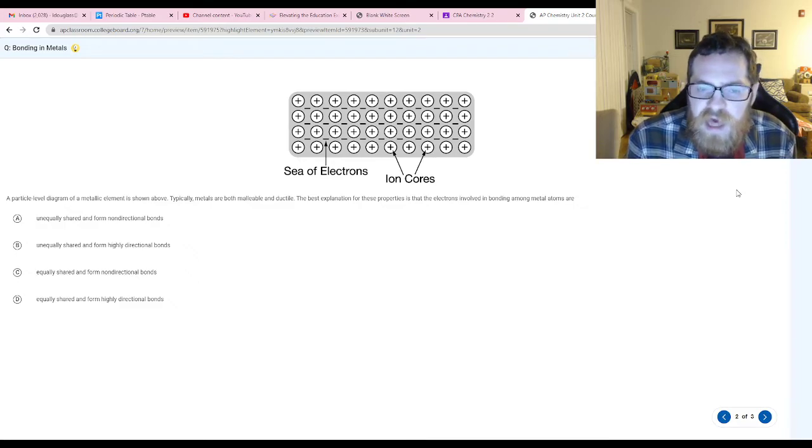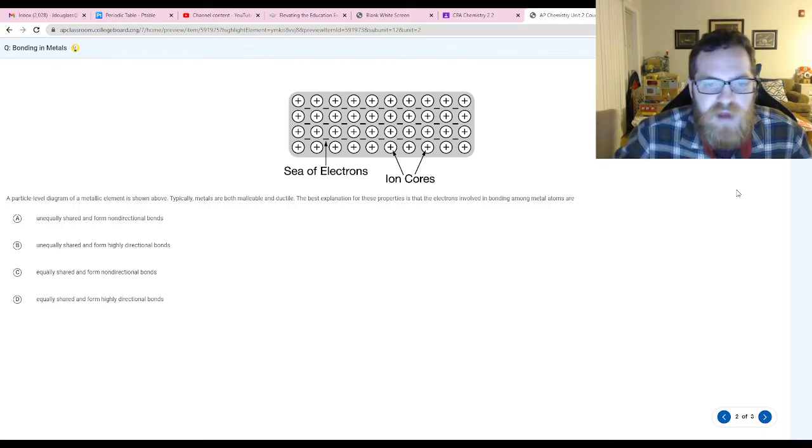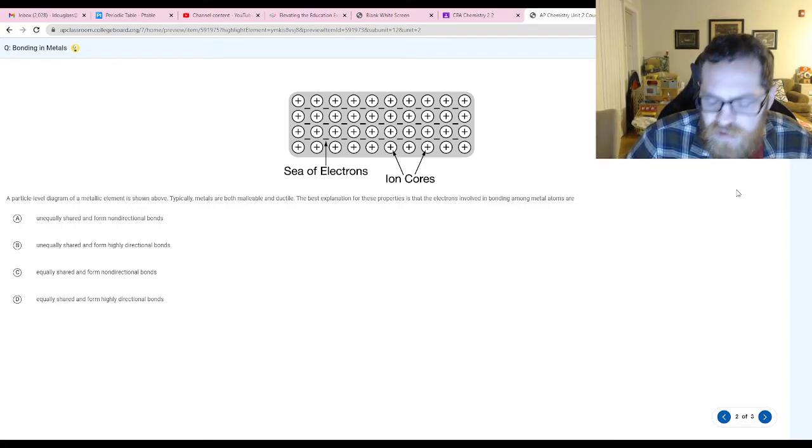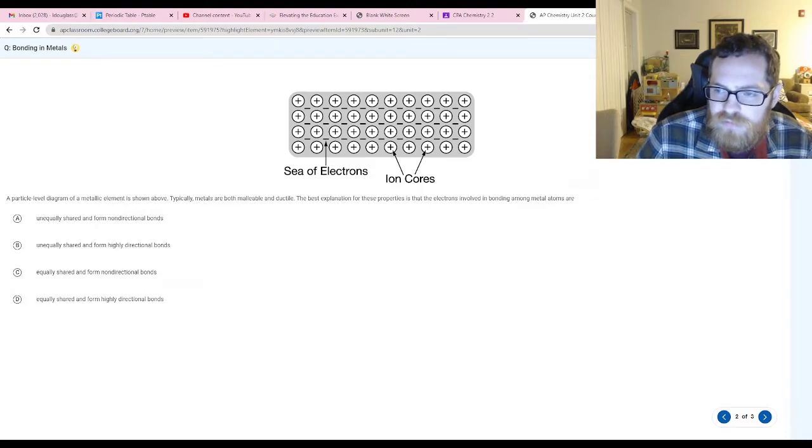It is being held together everywhere. In addition, because they are positive particles, the electrons are just going to spread them out. They are constantly in motion, but on average, they are going to be evenly dispersed. So we are looking for equally shared, non-directional.